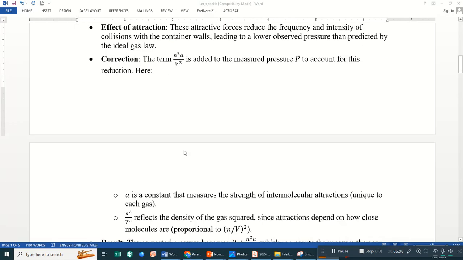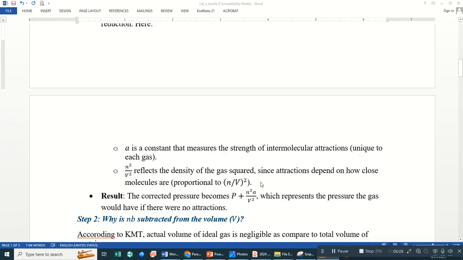This constant depends upon the intermolecular forces between the gas molecules. The greater the intermolecular forces, the greater the reduction in pressure. So this term is added in the pressure correction.